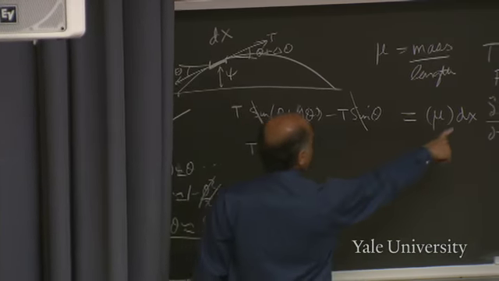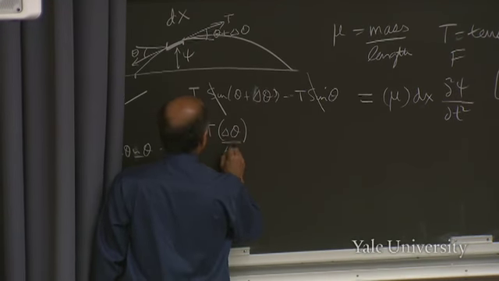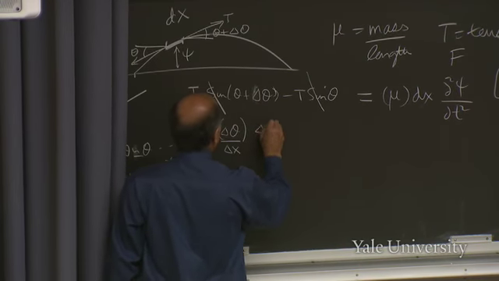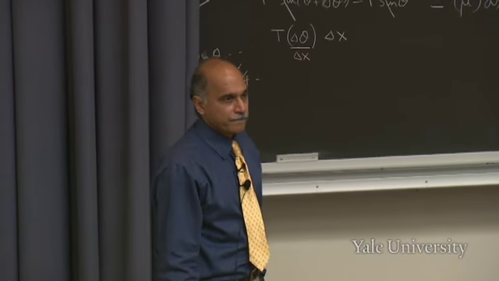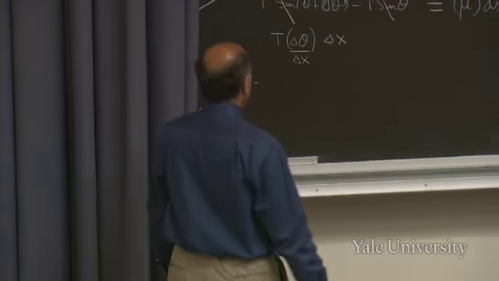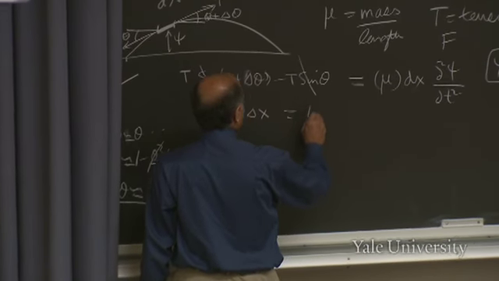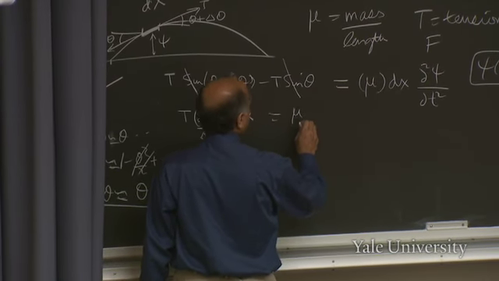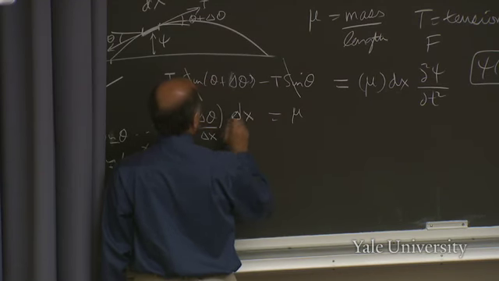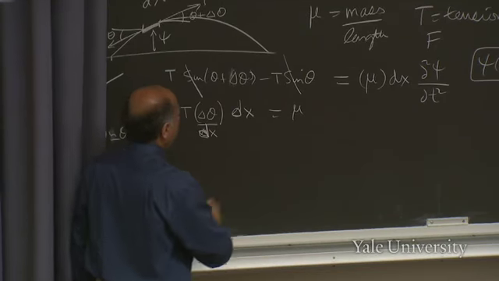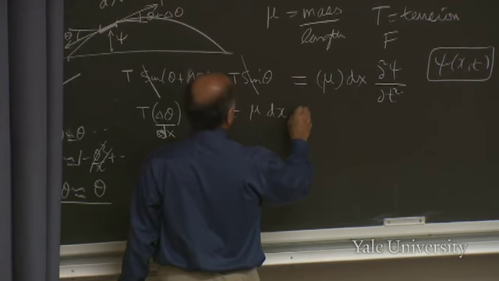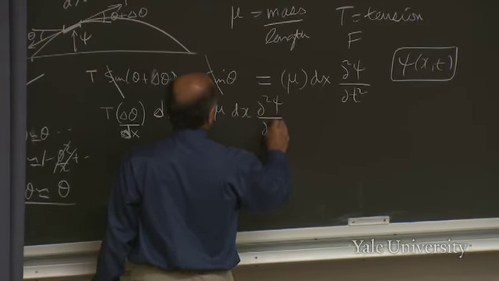Now, I got a dx here, so what I'm going to do is divide by a dx and multiply it by a dx. We are almost there in deriving the equation. I've been calling it dx and delta x, so pardon that. Just call it dx. Mu dx d2 psi over dt squared.